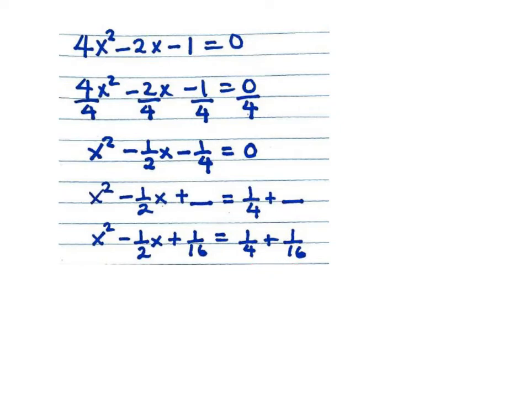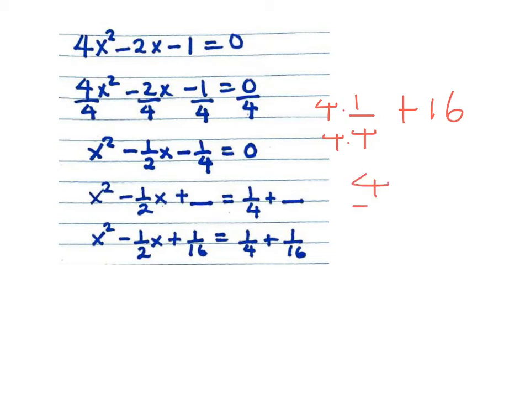So what you can do is to make them the same denominator. So here is 1/4, 1/4 plus 1/16. If you multiply this by 4 and by 4, you will get the same denominator.